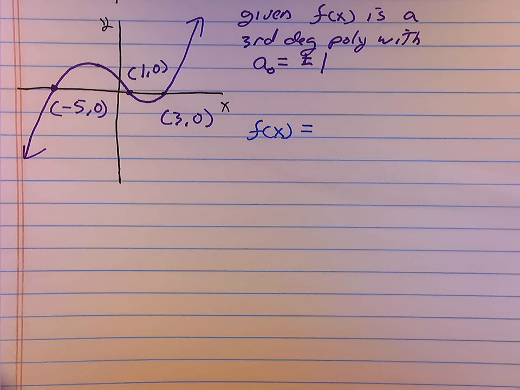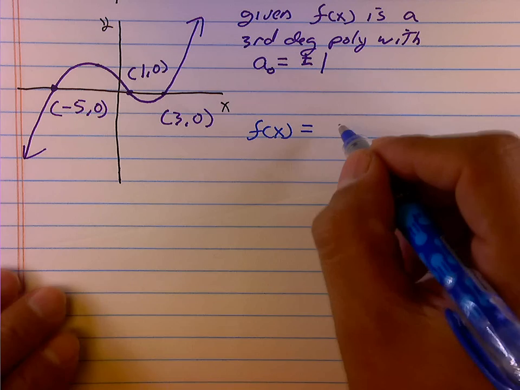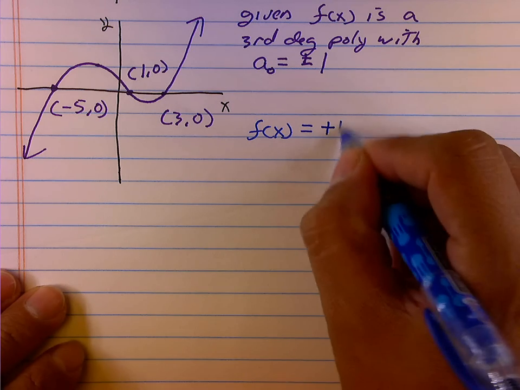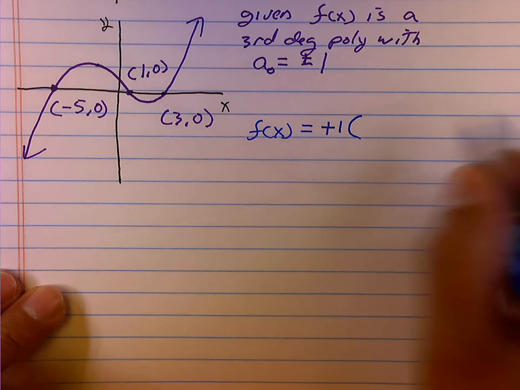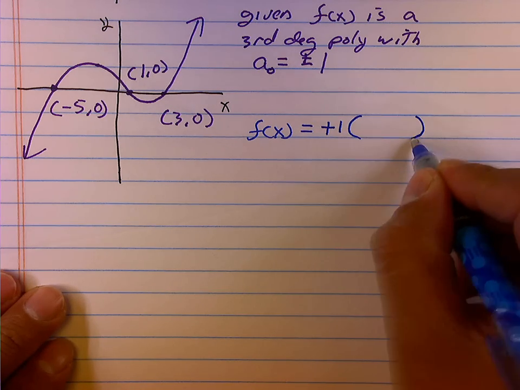All odd polynomial functions that go from negative infinity to positive infinity have a lead coefficient that must be positive. So, since I know it has to be positive and my choices are positive 1 or negative 1, that means A is positive 1. Technically, you don't have to write it out front, but I am just so you can see it.